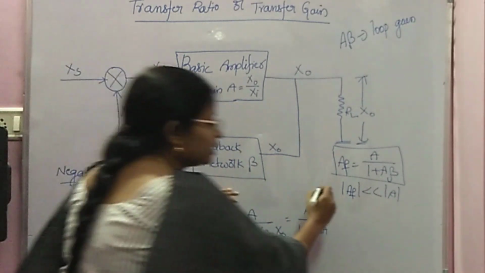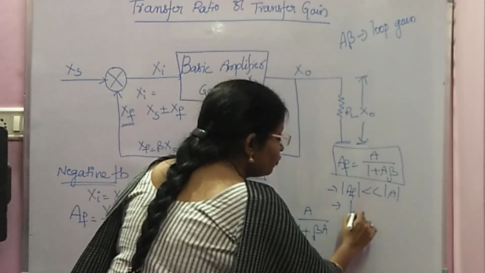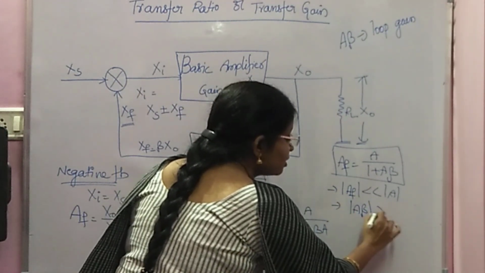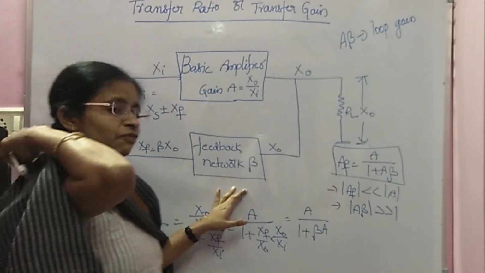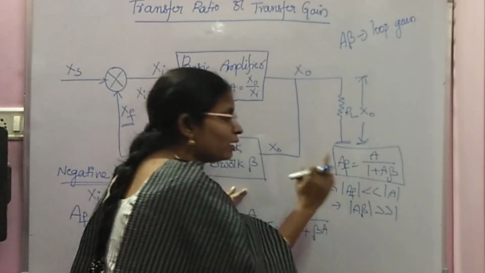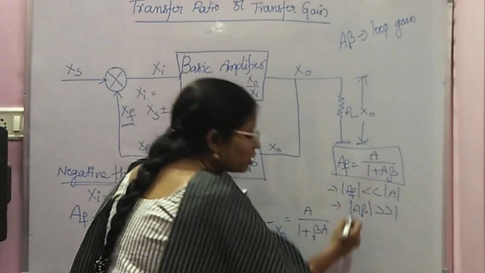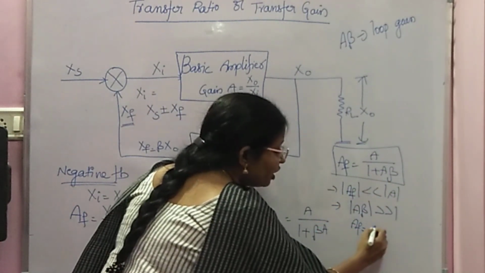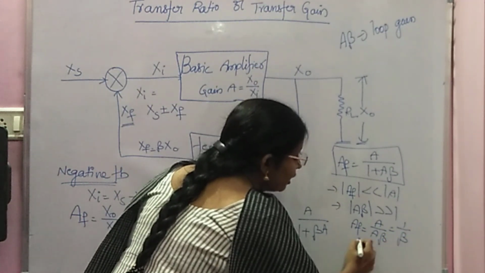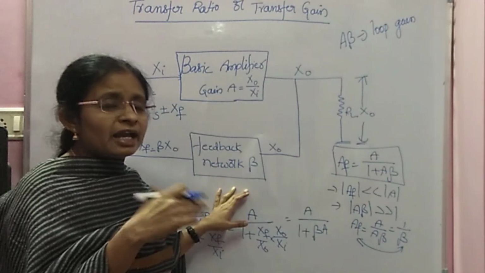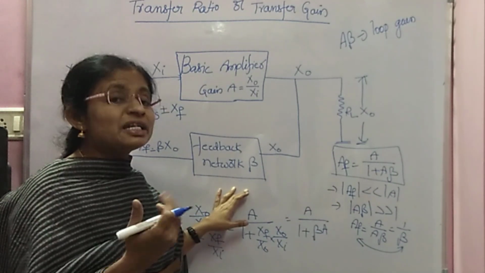Another point: suppose the loop gain is far greater than 1. What will happen? If it is far greater than 1, AF is A by A beta, which is nothing but 1 by beta. So your AF depends completely on the beta network.